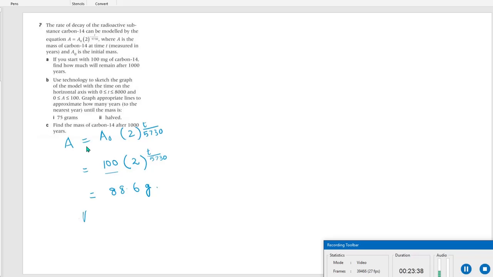Here we will put A is equal to A0 times 2 to the power 1000 over 5730, and A0 would be 100 mg, and solving it, it would be 88.7 grams.